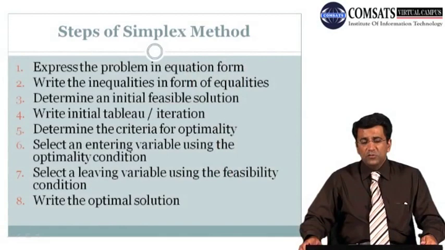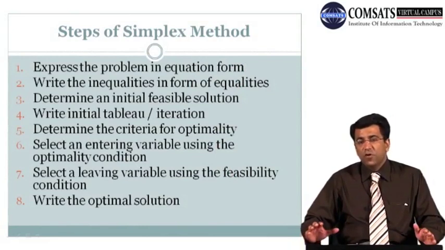So by using these two formulas, we computed the table again and again to test the optimal solution, and finally we got the optimal table through which we were able to find out the values of x1 and x2 so that we can maximize our objective function. So this is what we discussed in the last class. Okay students, let's discuss now formally the different steps which we have already used in the last example.